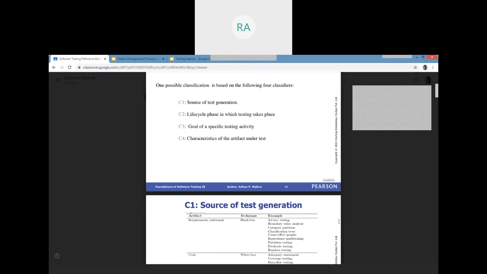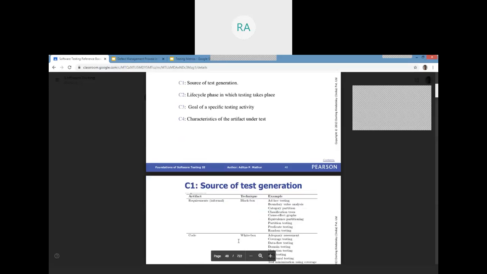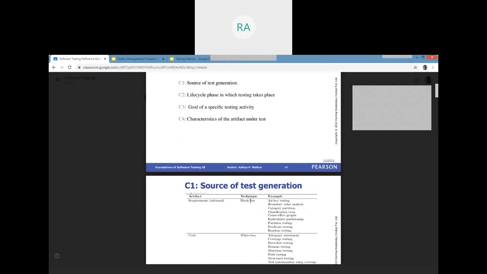Source of test generation, that is, I am considering only the first category, C1. If the source of test generation is requirements, then the technique that I am going to use is black box testing. Black box testing looks into the functionality of the software rather than focusing on the internal implementation details.